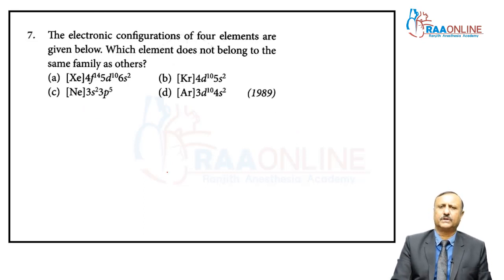The electronic configuration of 4 elements are given below. Which element does not belong to the same family as the others? Here, my dear students, what is the concept? We can see the outermost electronic configuration.